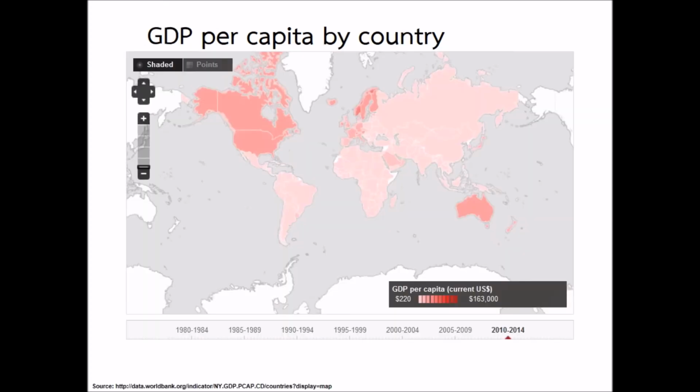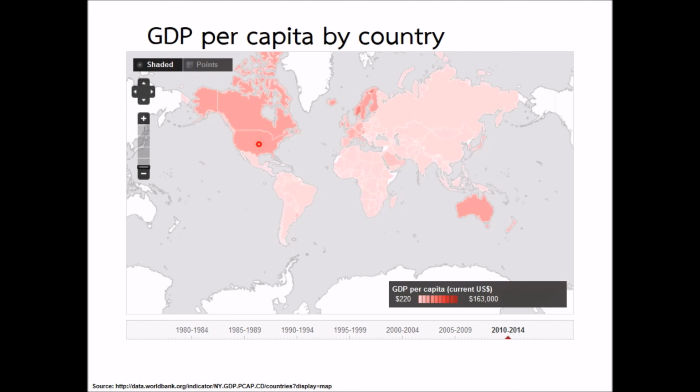We can see that very clearly if we look at the same map again, but this time the map shows GDP per capita by country. And you can see that the colors have changed quite a lot. You can see now that the United States of America are still one of the countries with the highest GDP per capita now.